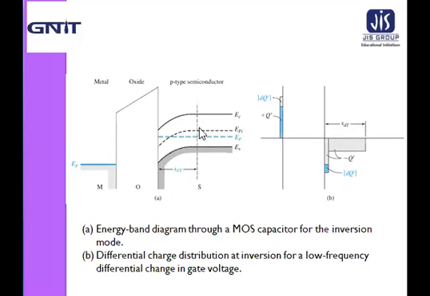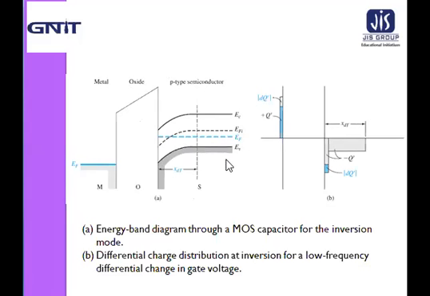Means again that this figure shows the energy band diagram of the MOS device for the inversion condition, and when a small incremental change in the voltage across the MOS capacitor causes a differential change in the inversion layer charge density, the space charge width does not change.